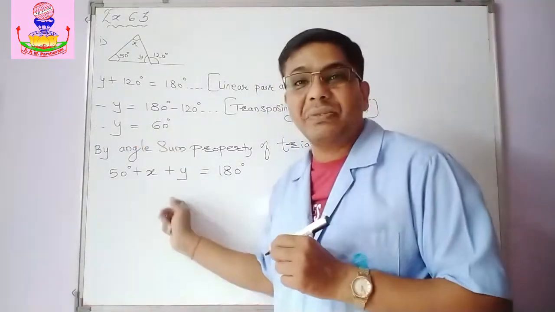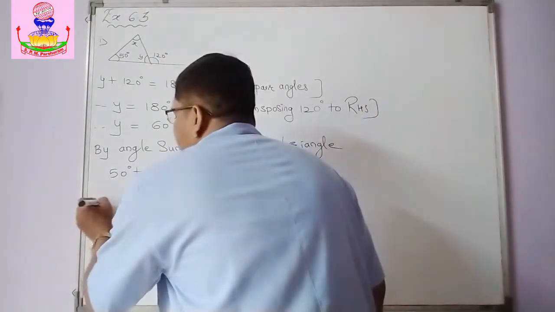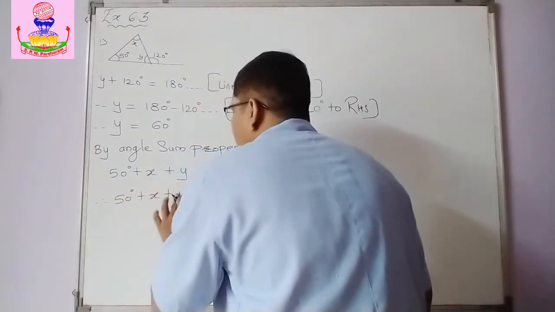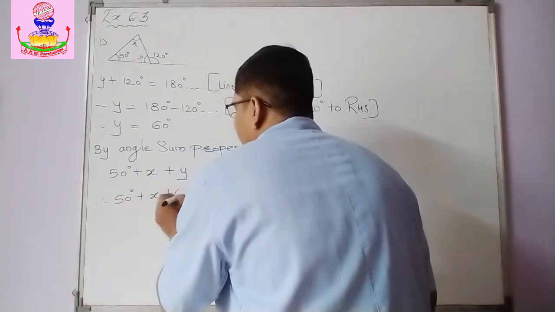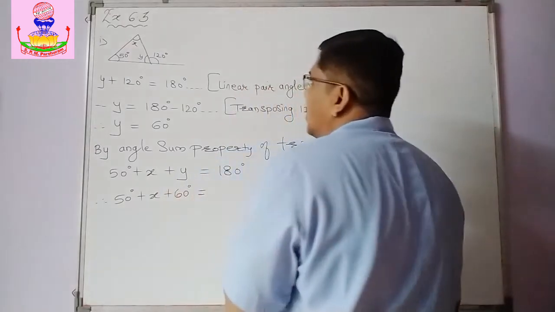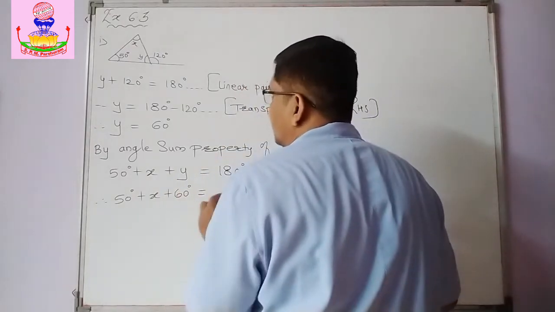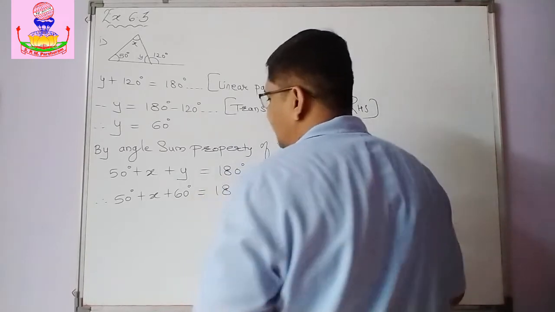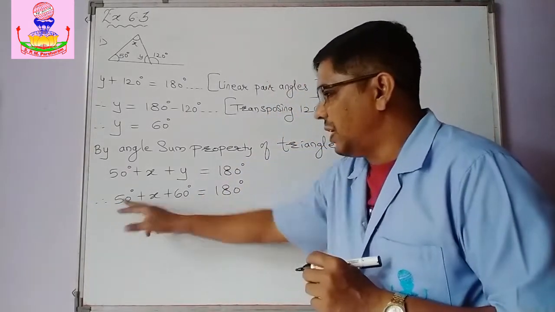But I know the value of y, 60. So I will substitute that. So 50 degree plus x plus 60 is equal to 180.